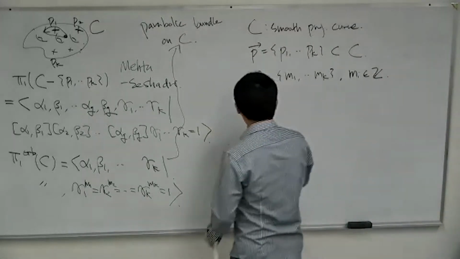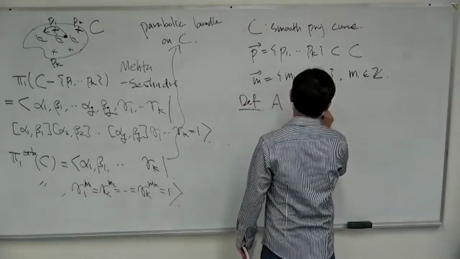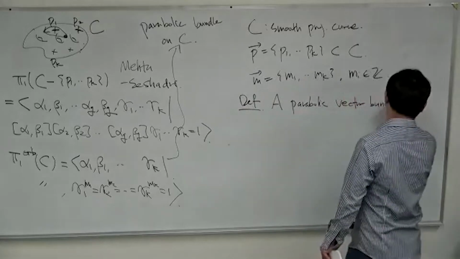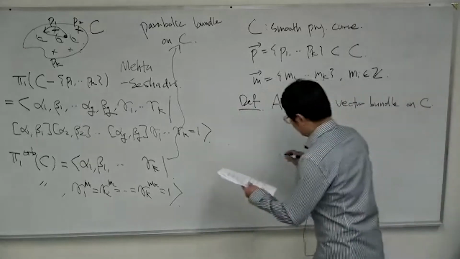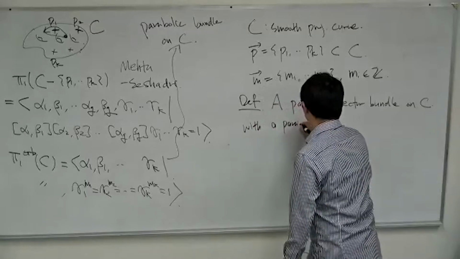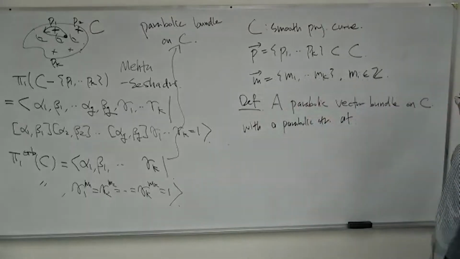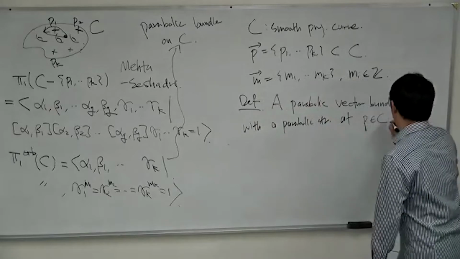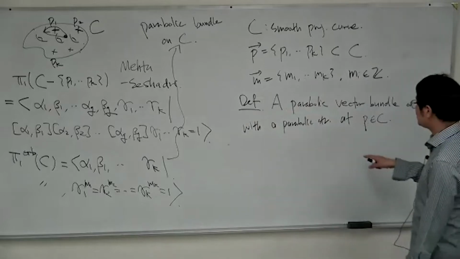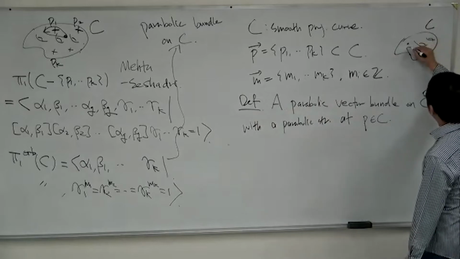And then a parabolic vector bundle on C with a parabolic structure at, for example, sorry, I just consider one point, but we can easily generalize this to k points. So anyway, I consider this Riemann surface and choose one point P here.